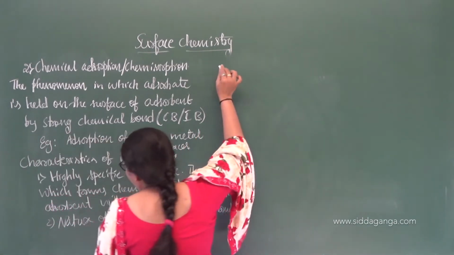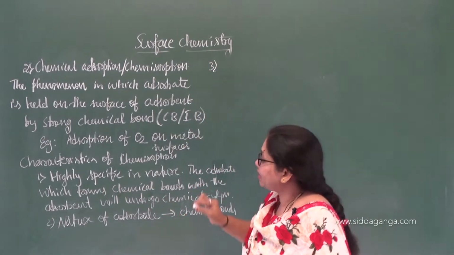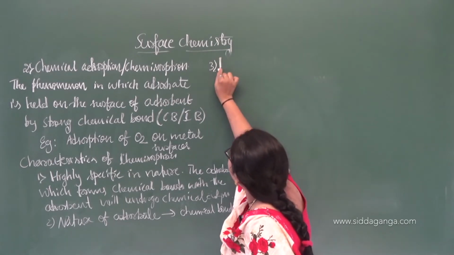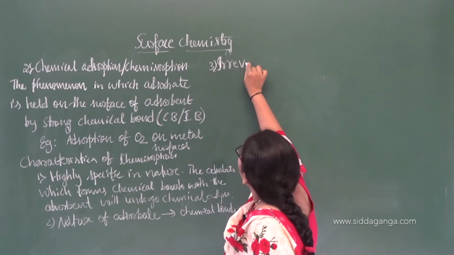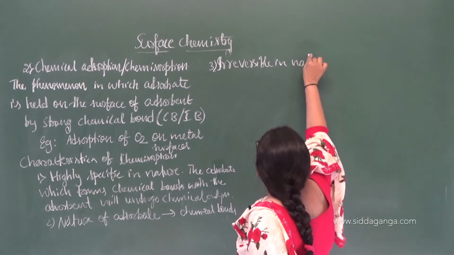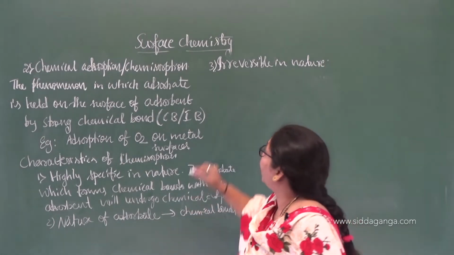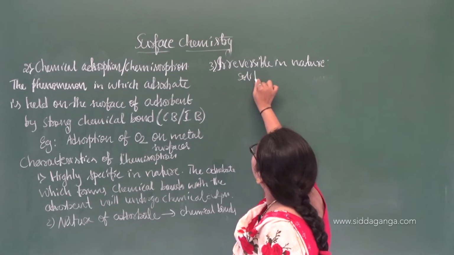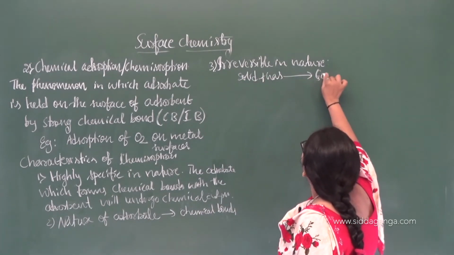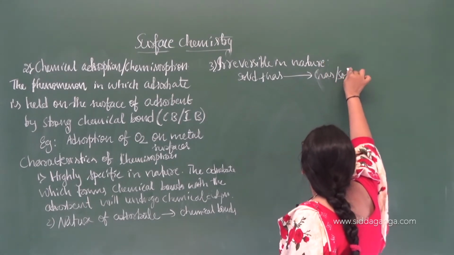Likewise, the third one is the reversible nature. Chemical adsorption is irreversible in nature. If you take solid plus gas, it gives rise to solid, that is a gas-solid interface.